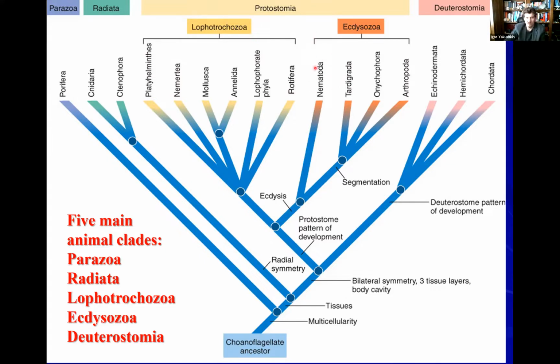Nematodes, the roundworms, we talk about those in one of the labs, and then the arthropods, which is insects and crustaceans and spiders, so arachnids, all of that. Those guys we will kind of omit. I'll talk about Onychophora a little bit, but not much. But in the lab, we'll talk about the nematodes, the arthropods, the flatworms, the annelids, and the mollusks.